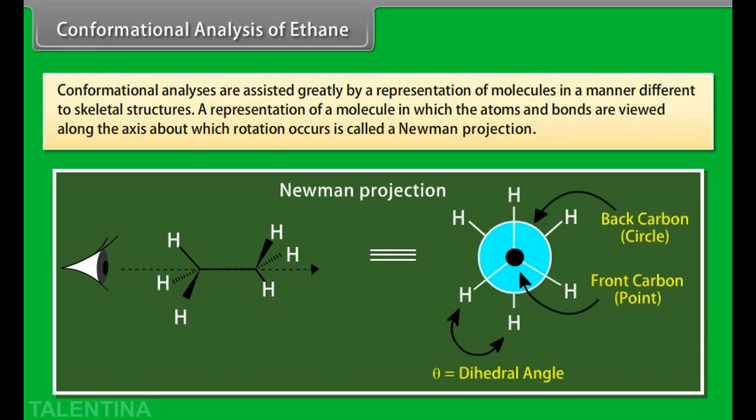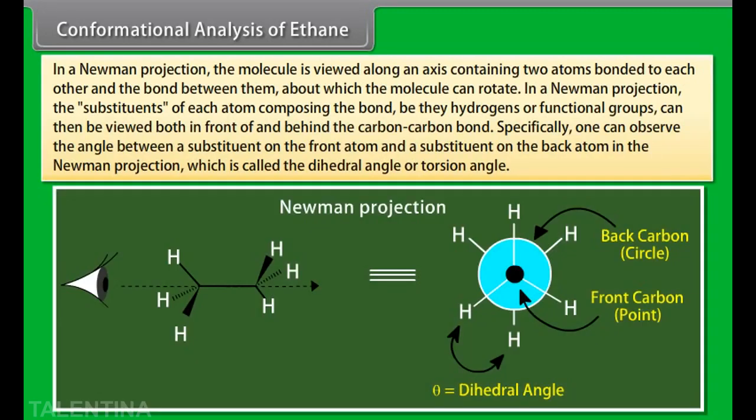Conformational analyses are assisted greatly by a representation of molecules in a manner different from skeletal structure. A representation of a molecule in which the atoms and bonds are viewed along the axis about which rotation occurs is called a Newman projection. In a Newman projection, the molecule is viewed along an axis containing two atoms bonded to each other and the bond between them, about which the molecule can rotate.